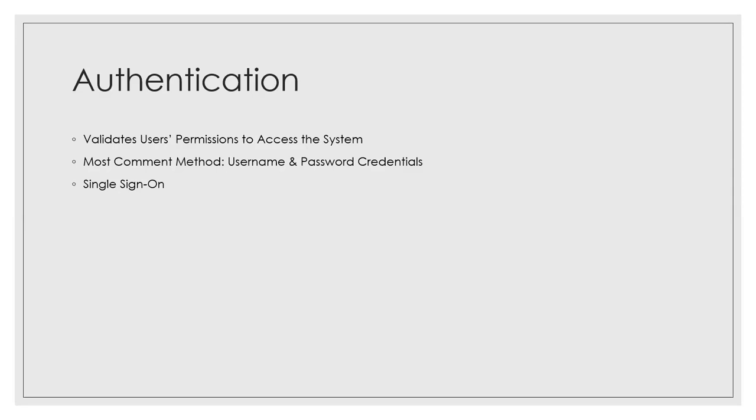Now this third one, single sign-on, is actually something that OBU has. If you notice that when you sign on in DegreeWorks or maybe Canvas or your email, once you've signed into one of those things, you can usually go ahead and go to the link of another one of those things, and you'll already be signed in.